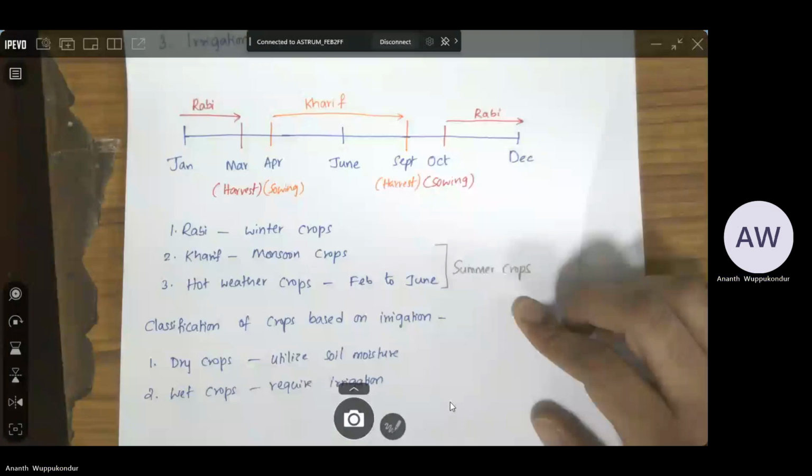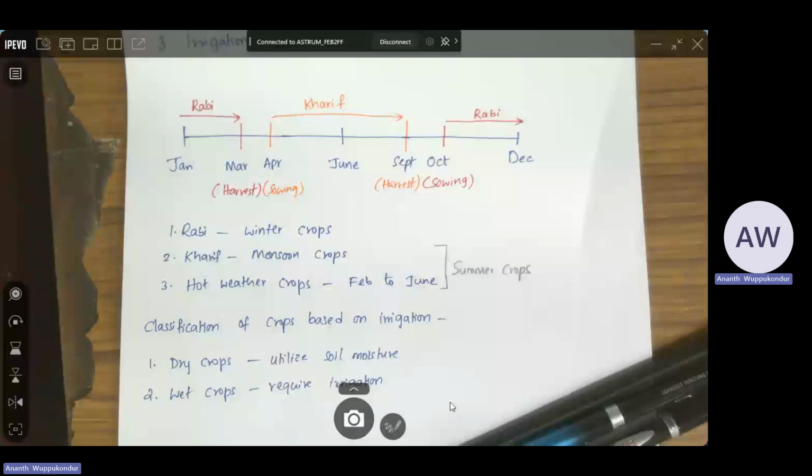We sow the seeds when there's the first rain. So it could be from May or it can be in June. Usually if we start the cropping from June or April, it is Kharif season, and the harvesting is usually done in September.